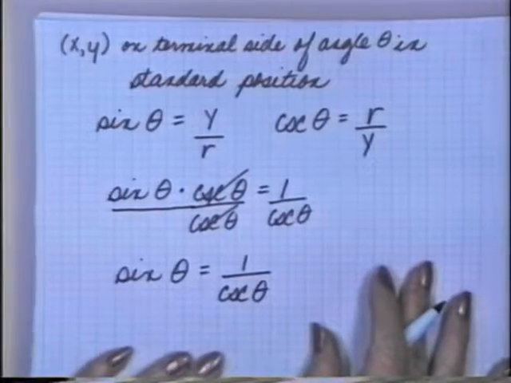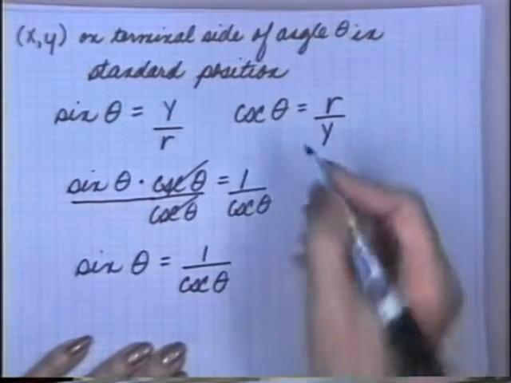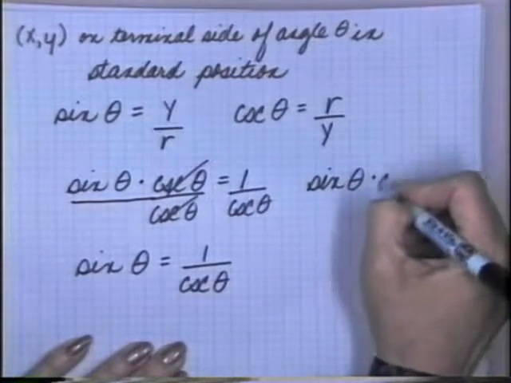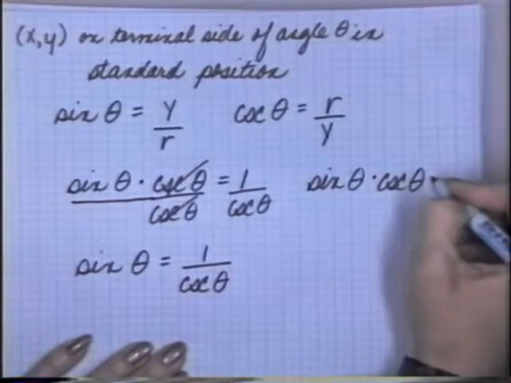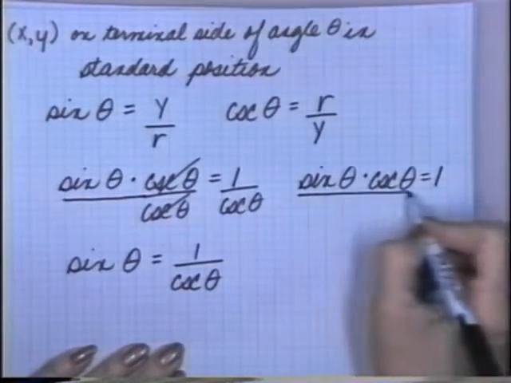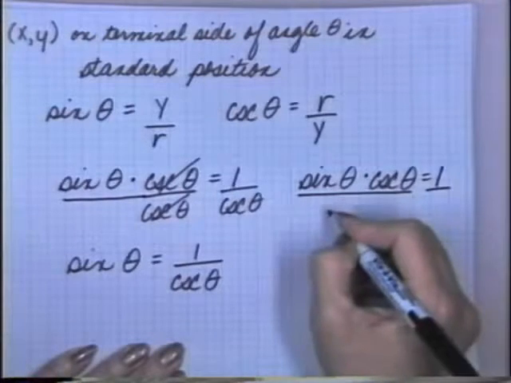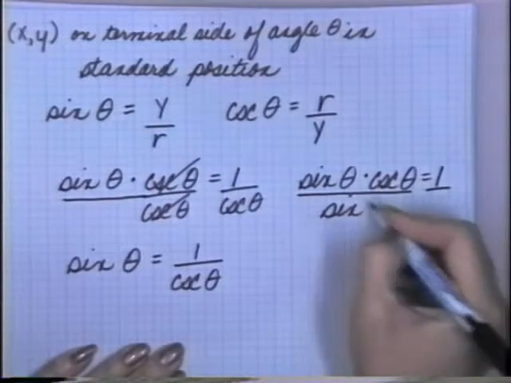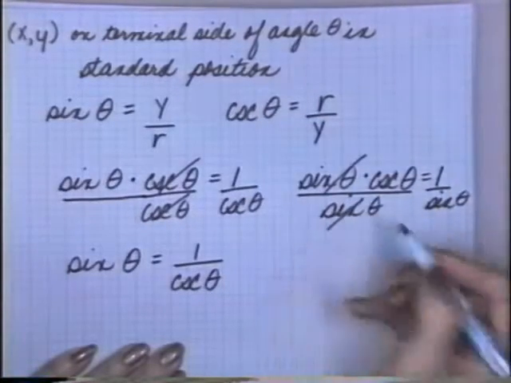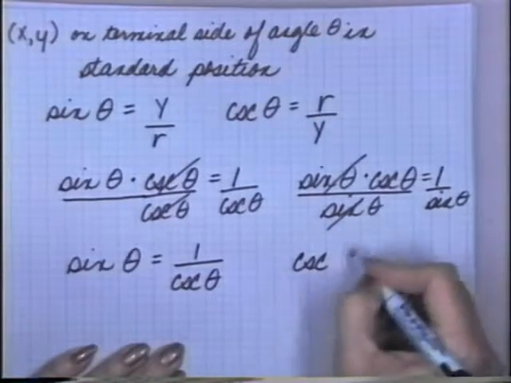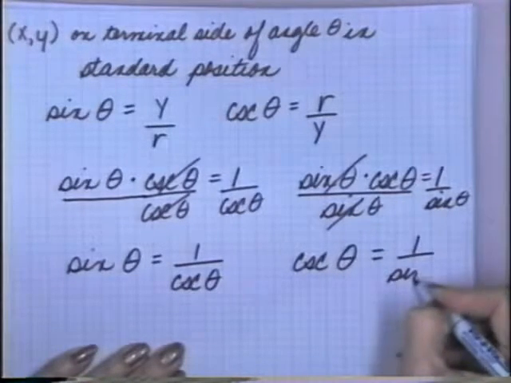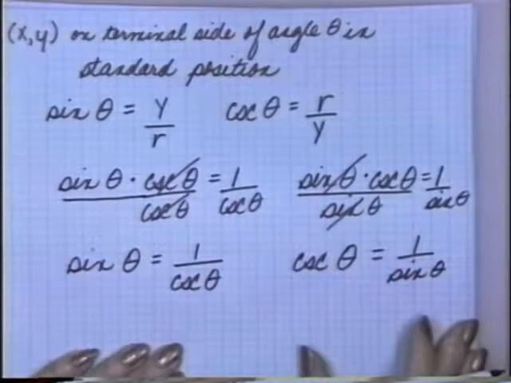And if we had taken that same statement, sine theta times cosecant theta equals 1, and divided both sides of that equation by the sine of theta, then the relationship that we get is the cosecant of theta equals 1 over the sine of theta.